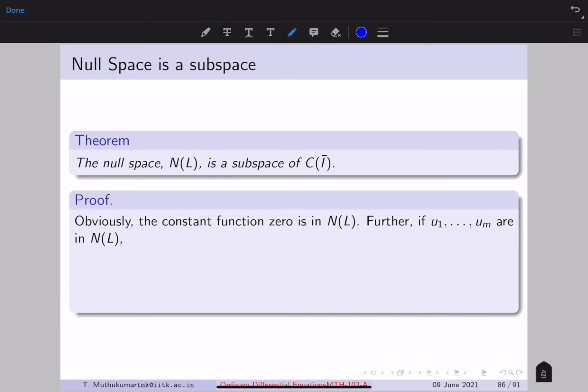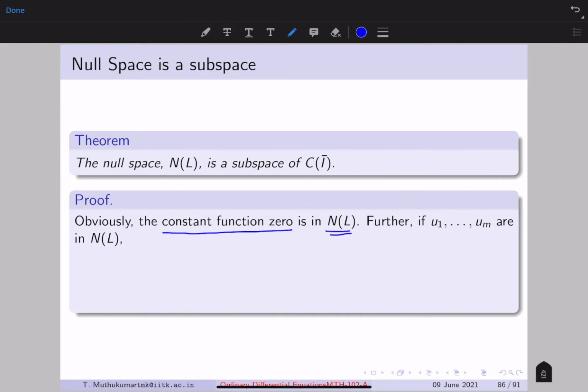From your linear algebra course, you already know that if you take any two elements of the subspace, their linear combination should belong to the subspace, and the constant function 0 should belong to the subspace. So you just have to verify these things. So the constant function 0 belongs to the null space.